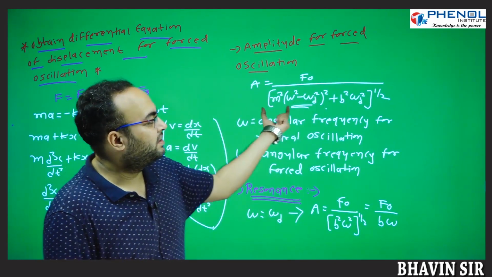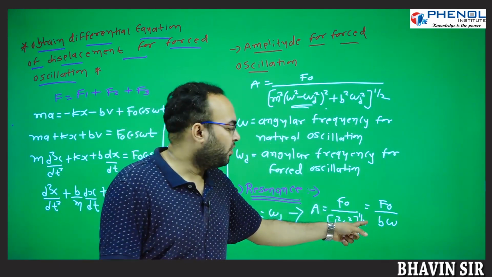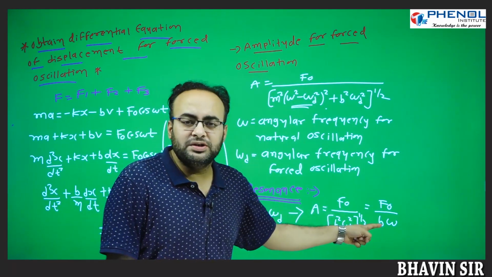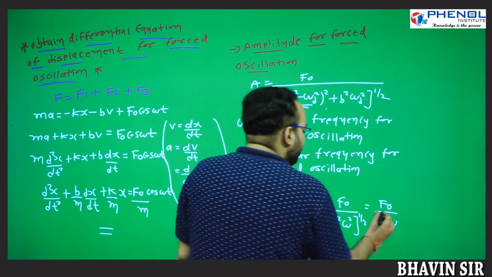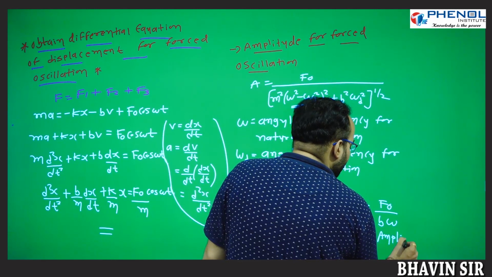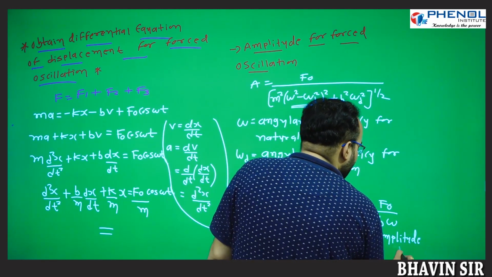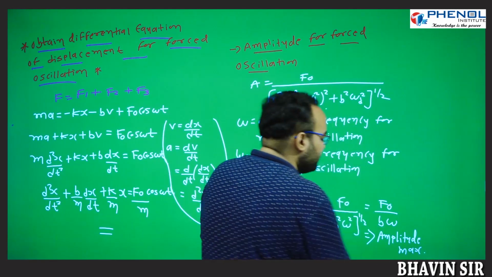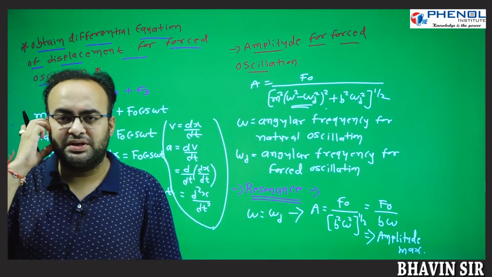See, the denominator becomes very small, only b omega, so the amplitude becomes maximum. That is known as resonance.